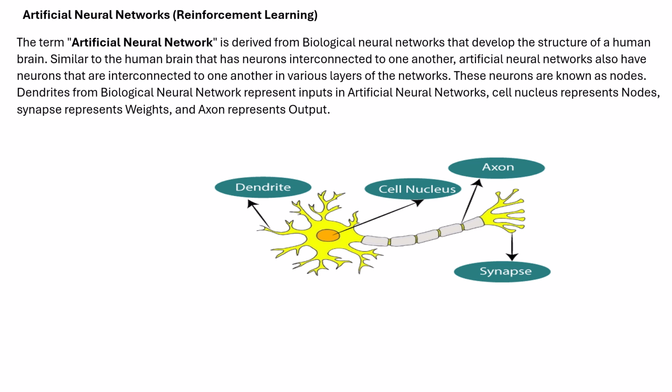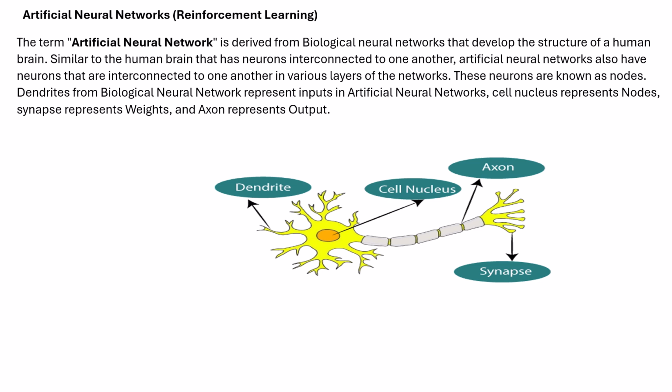Artificial neural network, where reinforcement learning is applied. The term artificial neural network is derived from the biological neural network that forms the structure of the human brain.